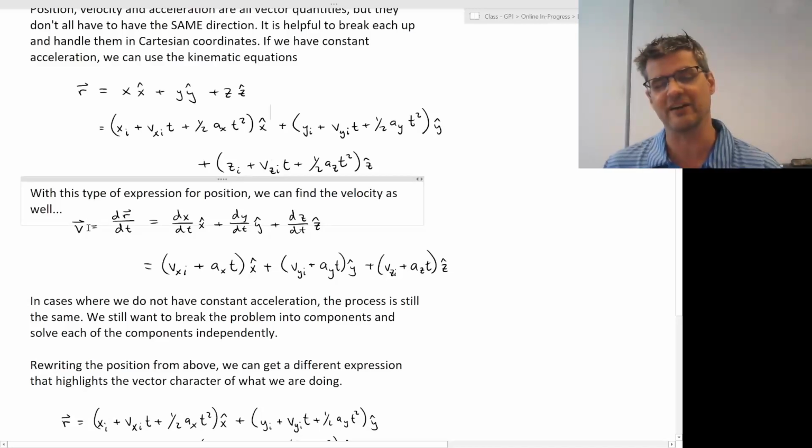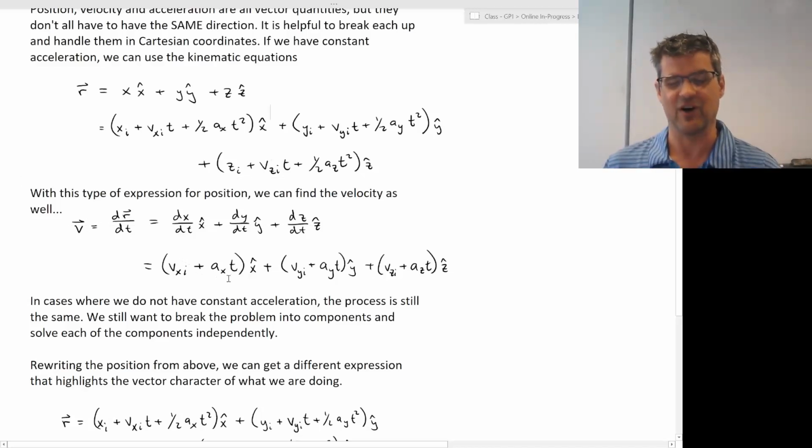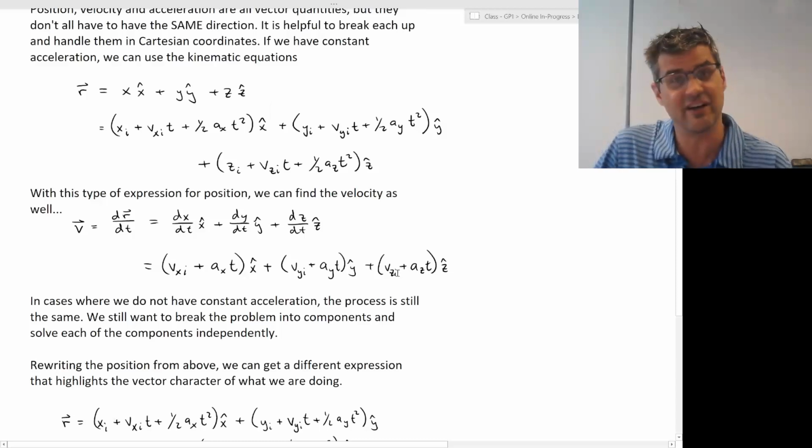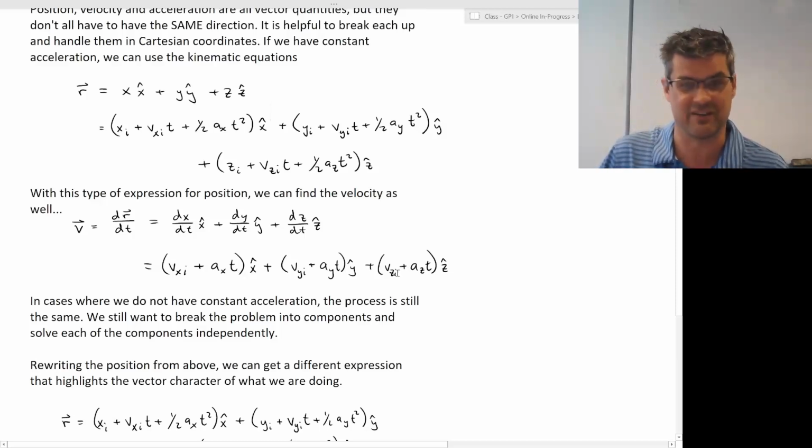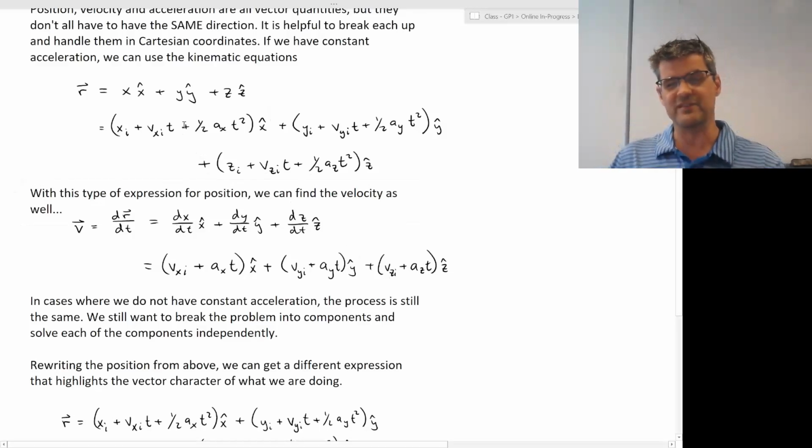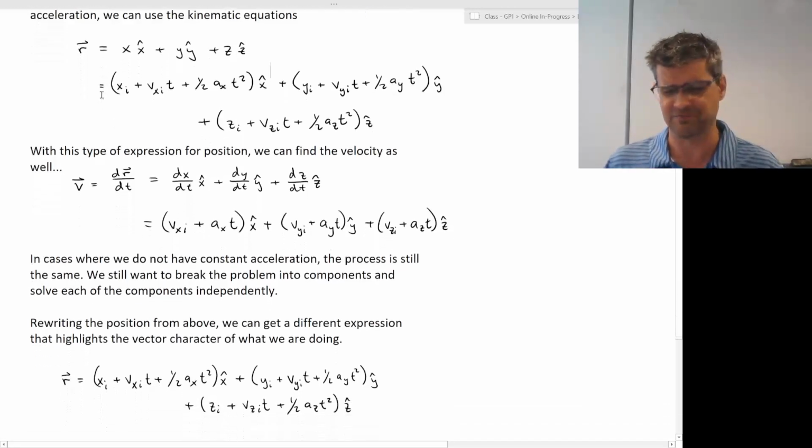If we were to take another derivative with respect to time, all that we would have left over is ax in the x direction, ay in the y direction, az in the z direction. That's the acceleration, the constant acceleration that doesn't depend on time. So we see that this is going to work by the definitions given to us initially in kinematics.